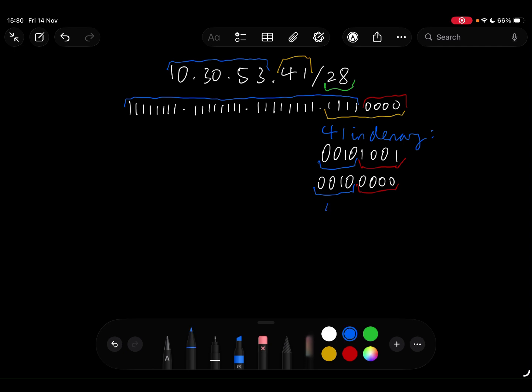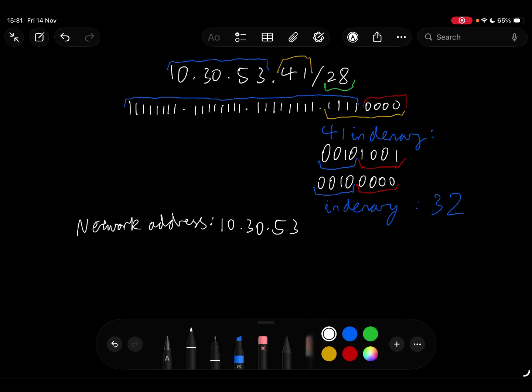So this in denary is going to be 32. And therefore, we can determine that the network address, which is the first address in the network that identifies the subnet, is going to be 10.30.53.